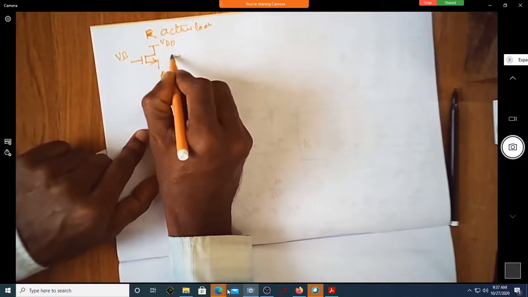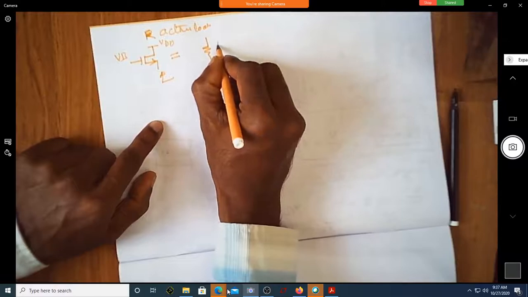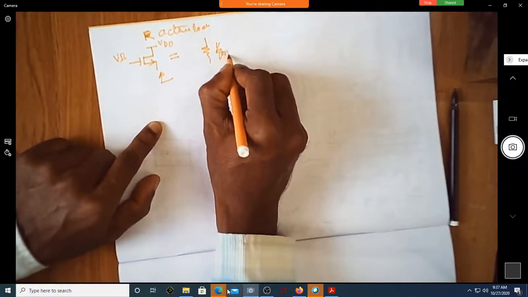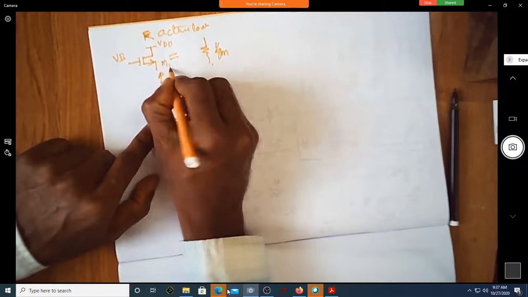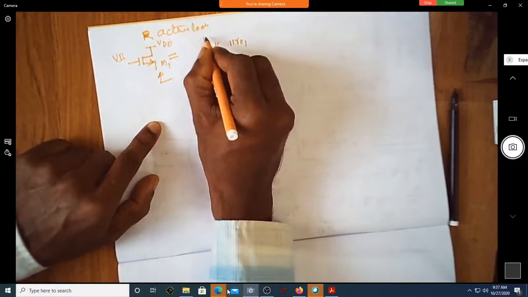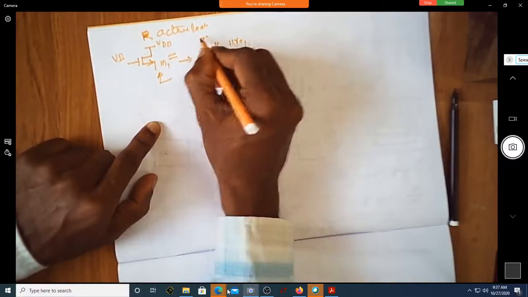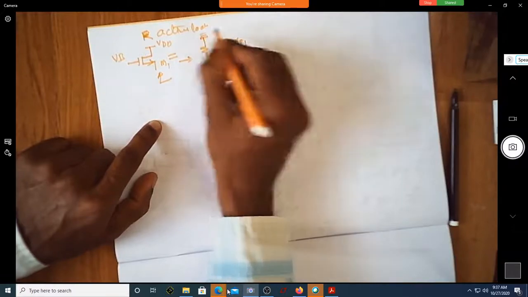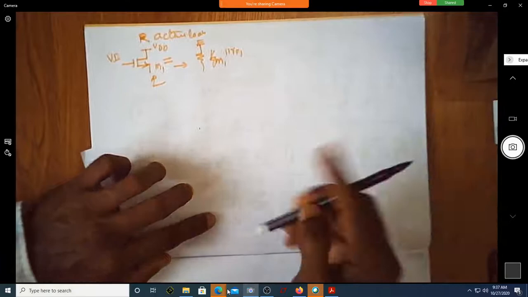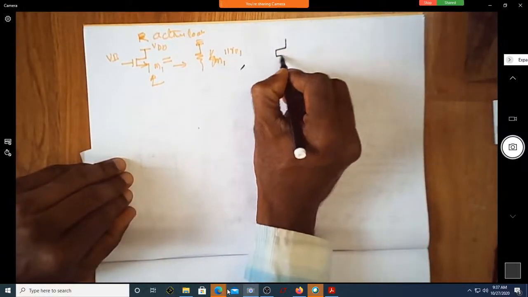It will be written as a resistor whose value, because you are looking towards the source, is, if it is M1, 1 over Gm1 in parallel with R01, and R02. You just make the other terminal AC ground. Correct?